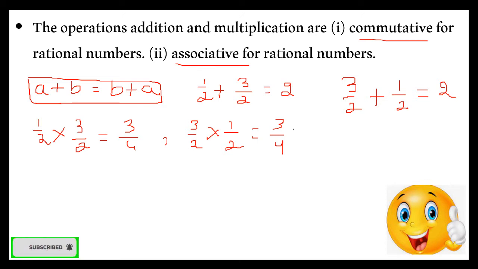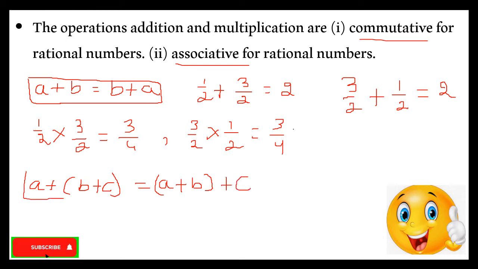Now what about the associative property? Addition is associative. If you add three rational numbers together, you take A and then you have the grouping of B plus C, you associate B with C, and if you take A plus B grouped like this, and C is left alone, your result won't be different.